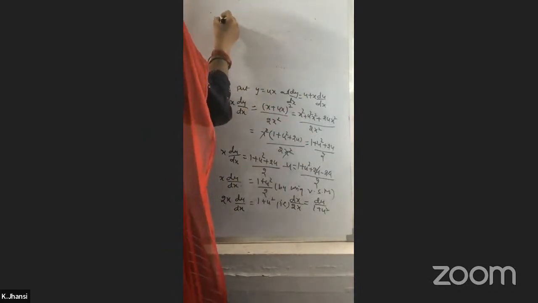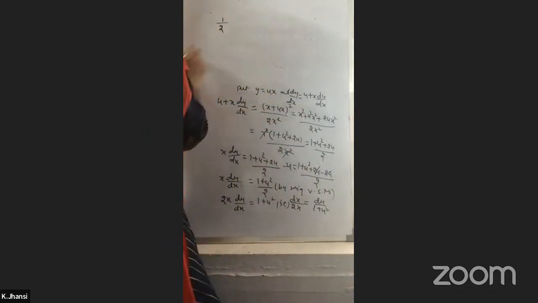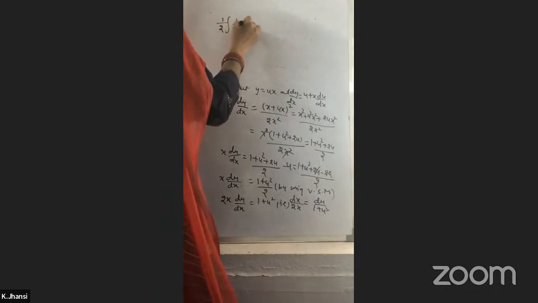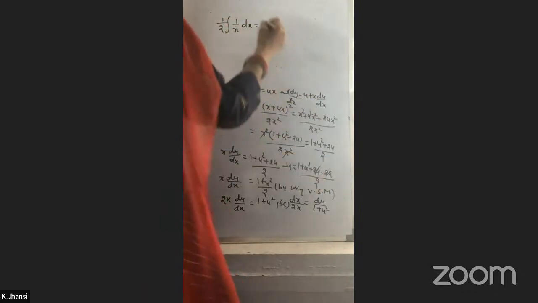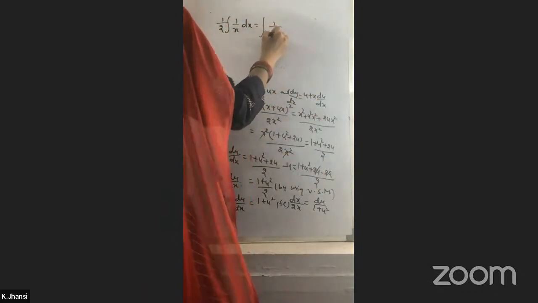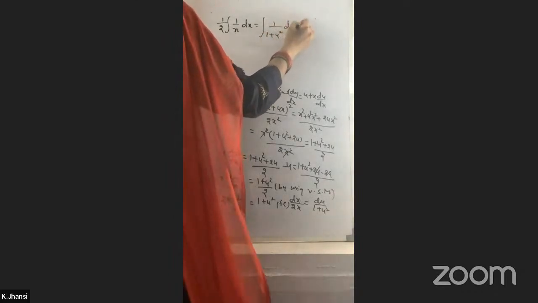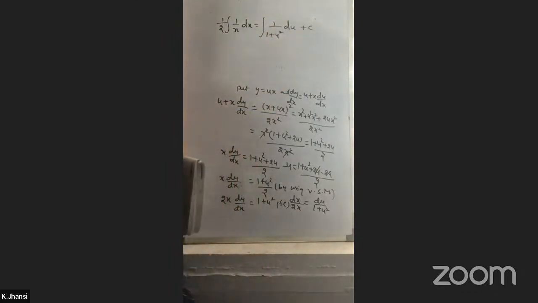So you can write it as 1/2, taking it outside: (1/x) dx is equal to the integration of 1/(1 + u²) du plus c.